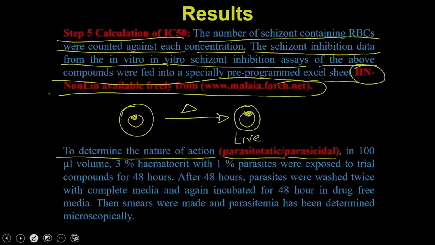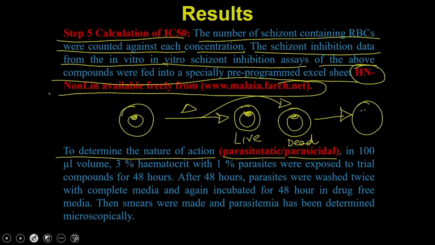The other condition is that it is converting the parasite into a ring containing parasite, but these rings are actually dead. If they are dead, then they are not going to give you the schizonts whatever you do. But if they are live and if you remove the compound, then they are going to give you the schizonts, which means they are able to complete their life cycle.